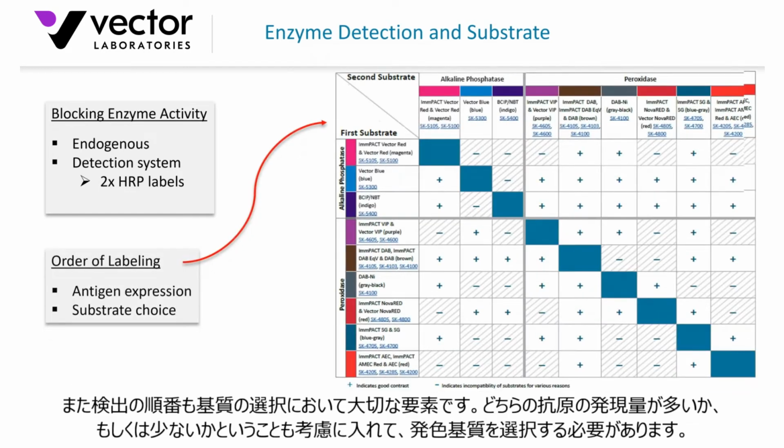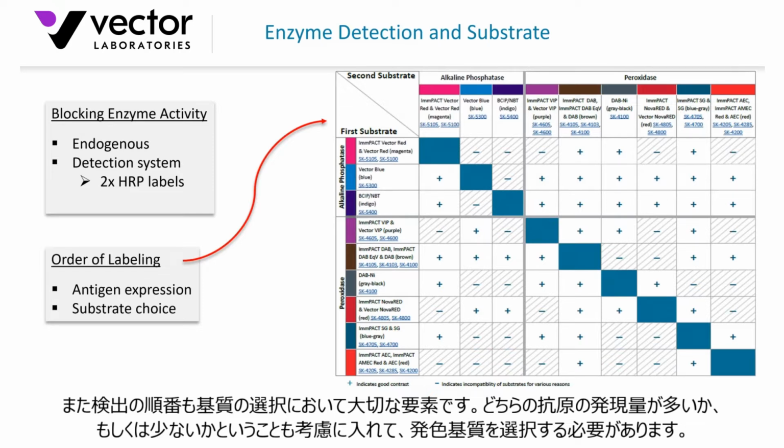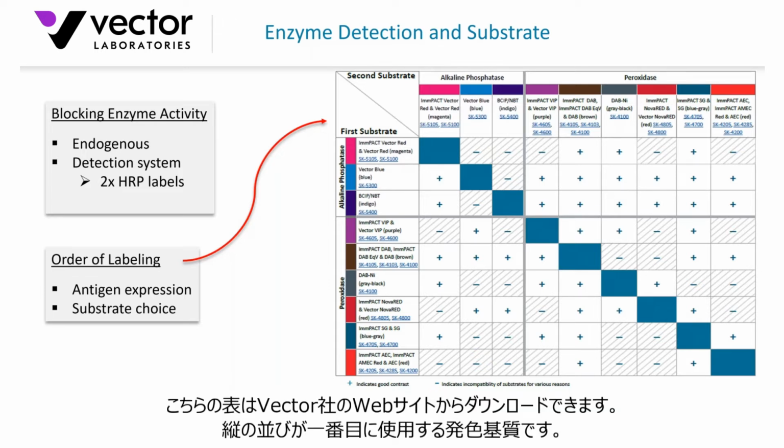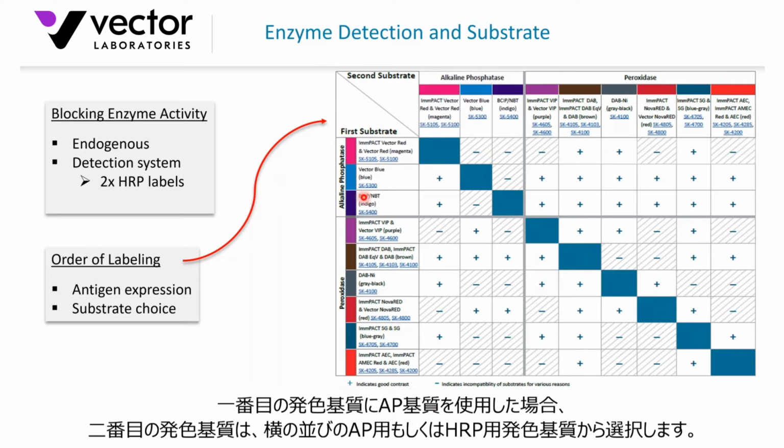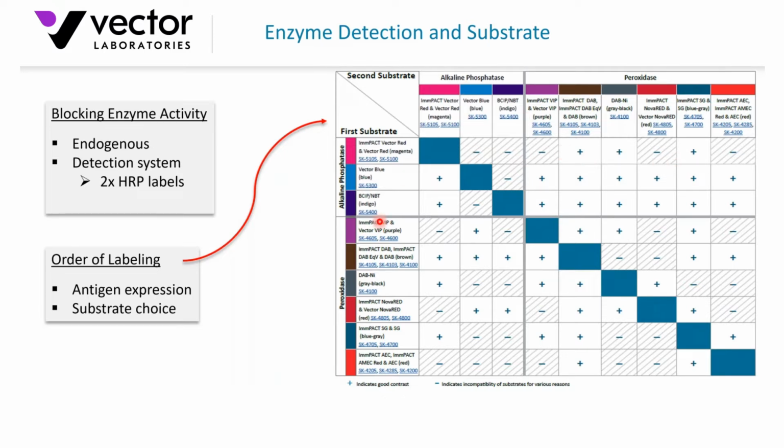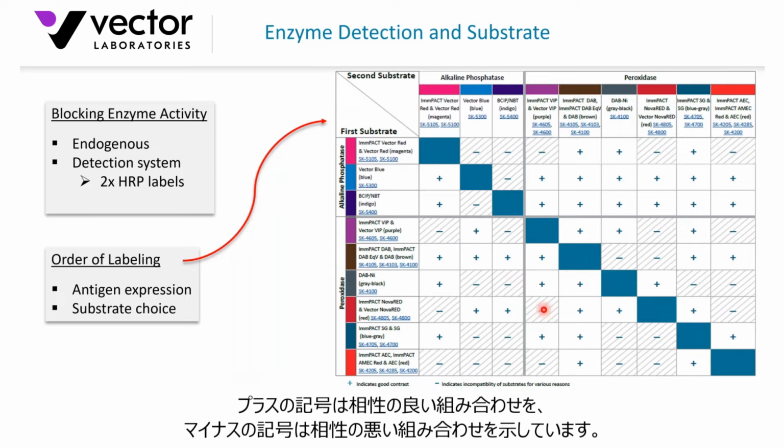What is important too is the order of labeling, and this would depend a little bit on the antigen expression levels, which one is weakly expressed, which one is highly expressed, and then that would factor into the substrate choice. So this table here, which you may or may not be able to see, you can download from our website, from one of the guides we've got. This would be the first substrate, here's the alkaline phosphatase, and then your second substrate choice is over here, either another alkaline phosphatase or peroxidase, and then the minus signs would be showing an incompatibility, and the plus signs would be compatibility with the first or indeed second label choices.